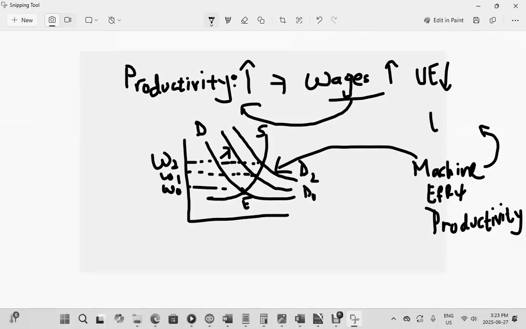So the efficiency will go down. And because this efficiency goes down, the demand will stay at this level over here. It may even fall down depending on how efficient the machine is, or how efficient the worker is.